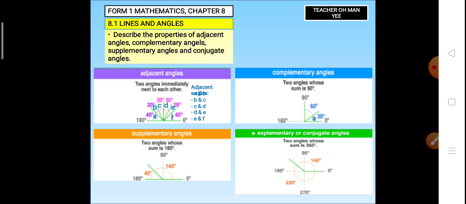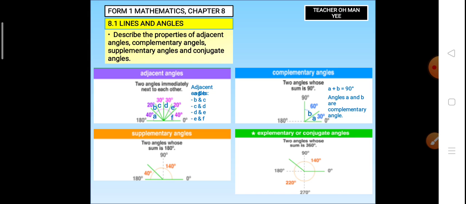Let's say we have angle A and angle B. When we add up these two angles, we get a total of 90 degrees. Once we get the sum of 90 degrees, we can group this pair of adjacent angles as complementary angles, because when we add up both angles, we get 90 degrees.